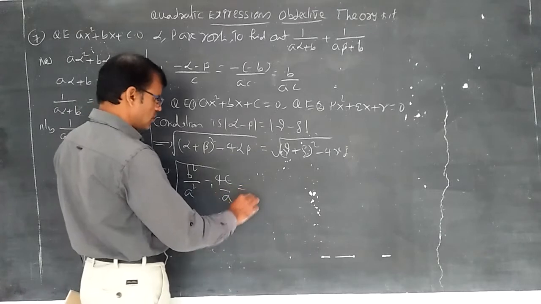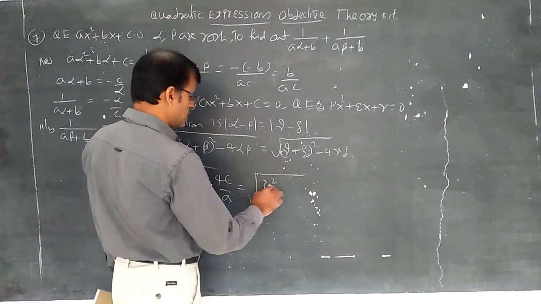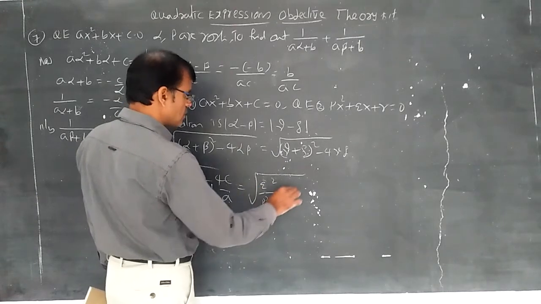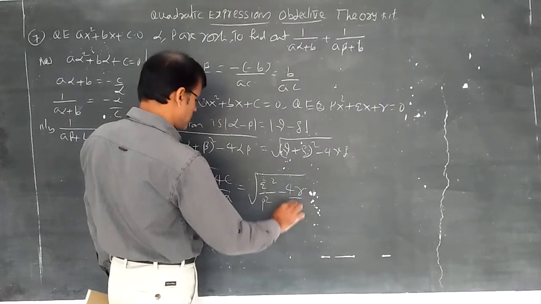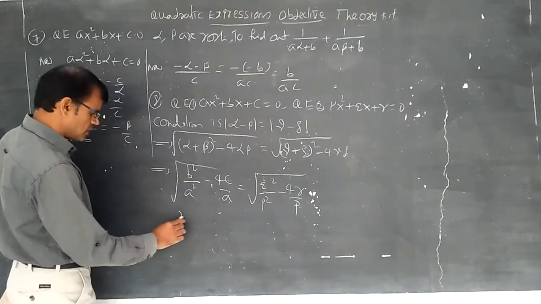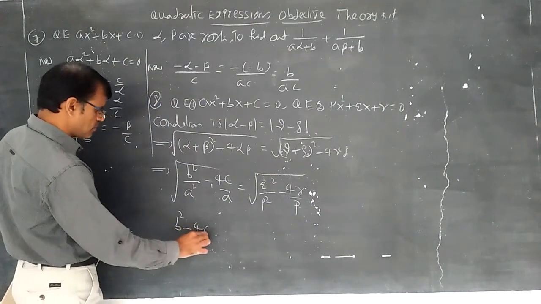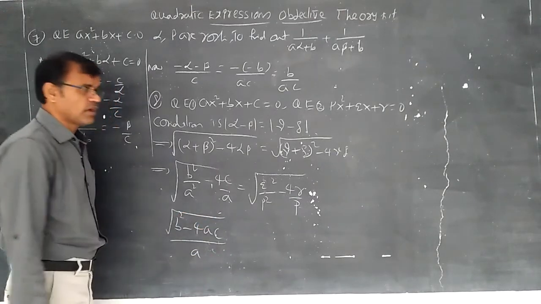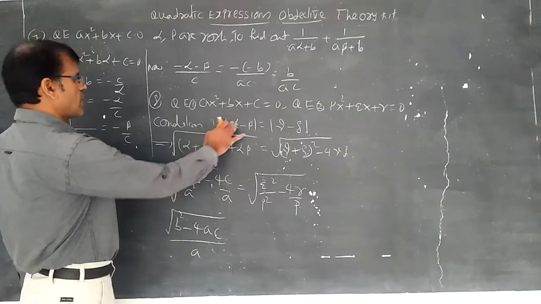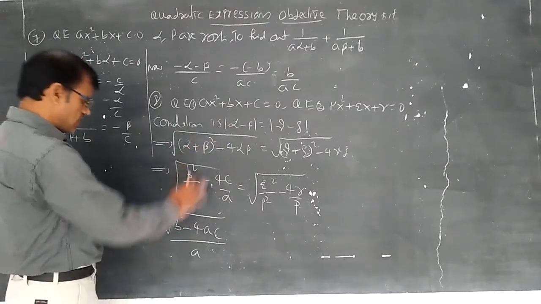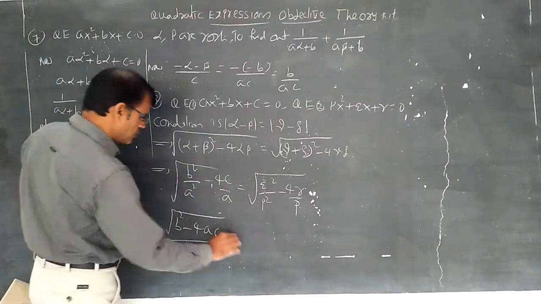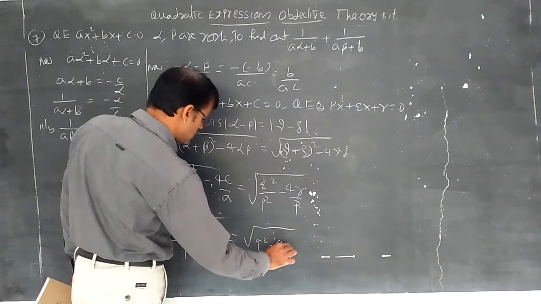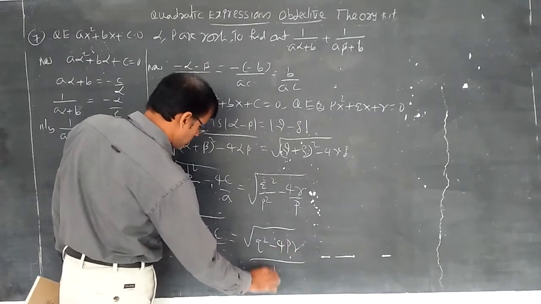Here it is q square by p square minus 4r by p. Taking LCM, b square minus 4ac by mod a. You should remember this as the formula for modulus of alpha minus beta, and similarly q square minus 4pr by mod p.